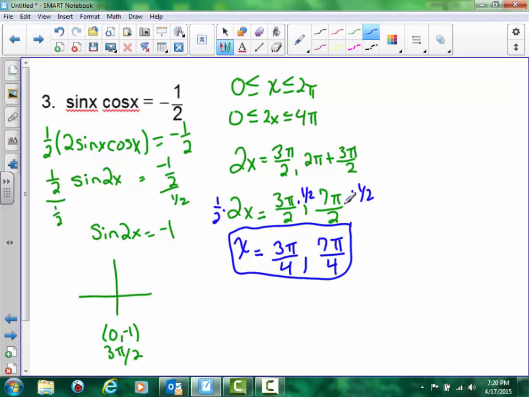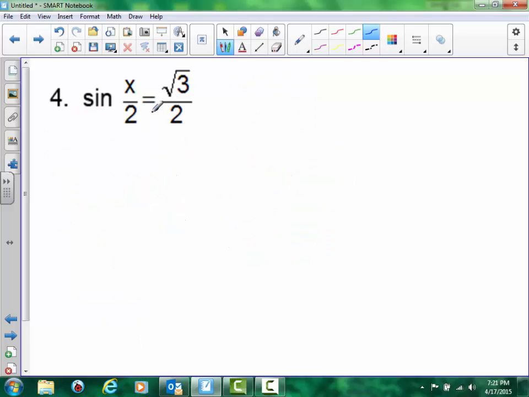Take a look at number 4 on our example sheet. Number 4, sine of x over 2 equals square root of 3 over 2. Now, I'm looking at that and I'm like, that looks really weird. But remember, x over 2 would be the same thing as 1/2 x. So this time instead of 2x, I have 1/2 x.